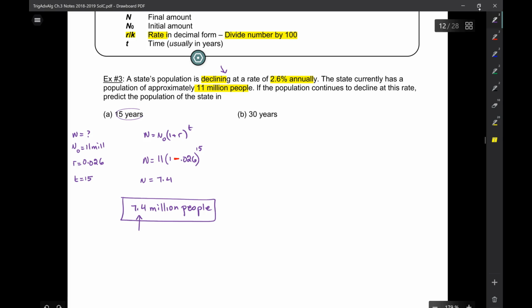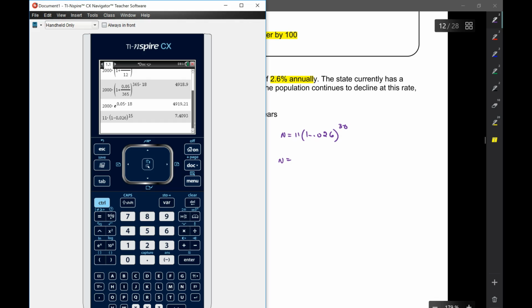Okay, so this one, it's the same thing, but in 30 years. So here, again, I just edit. Don't retype everything.